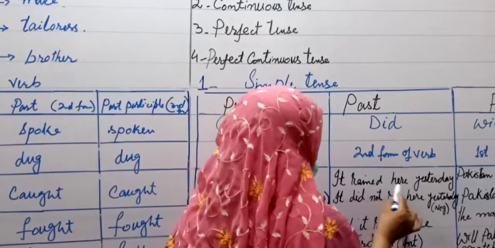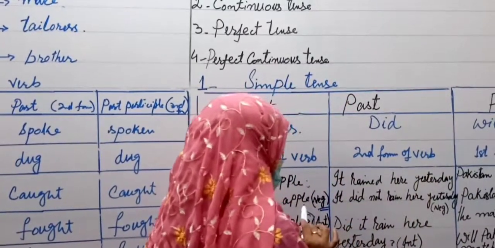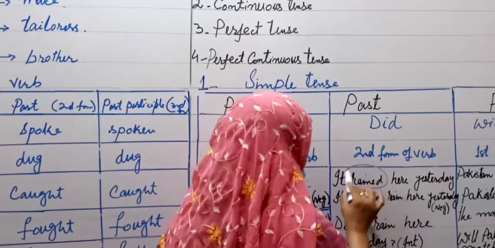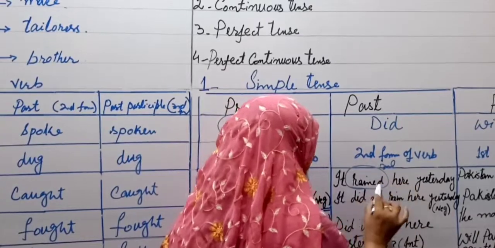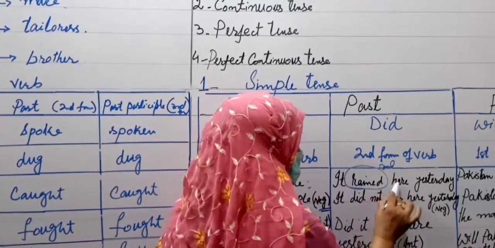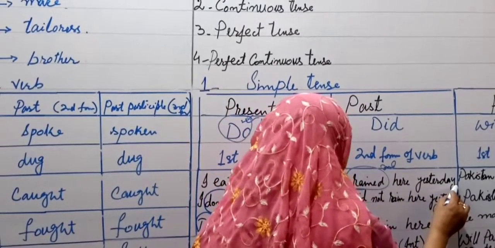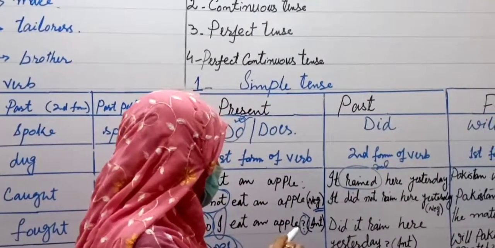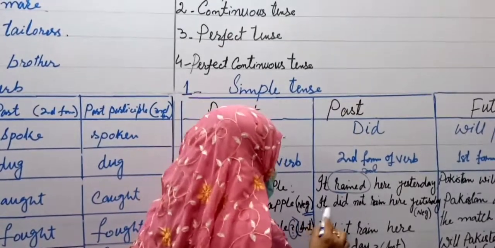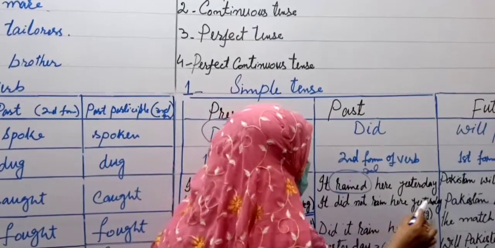It rained here yesterday. We have used here the second form of verb, that is past: rained. If you are going to make the negative of this sentence, it didn't rain here yesterday.